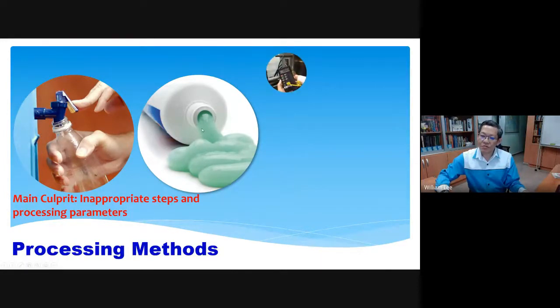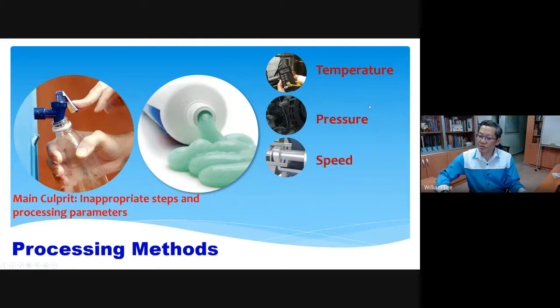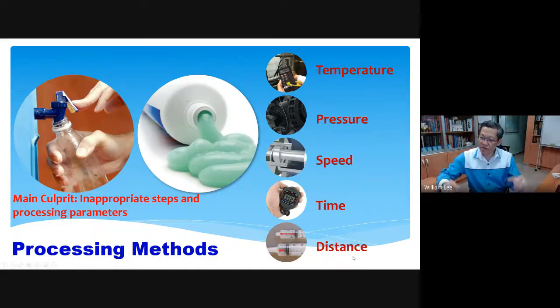And this will cause the material to not flow easily, right? So the viscosity of the plastic depends on many variables. It depends on the temperature, the pressure that you set, the speed you use, the time, and also whether you have the room, the distance, for them to move around.